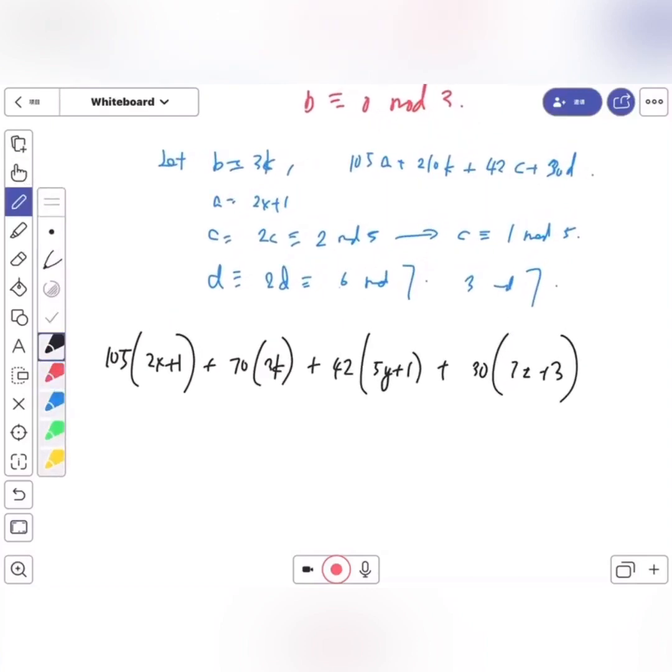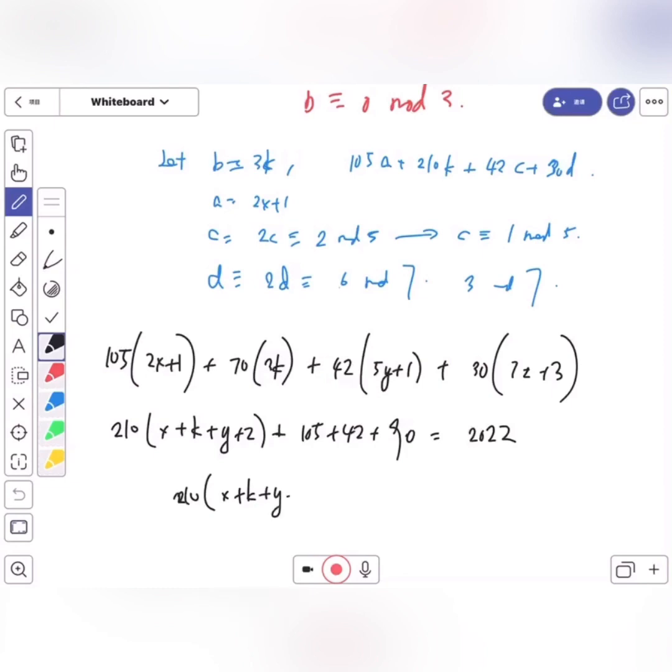So this is actually 210 times (x plus k plus y plus z) plus 105 plus 42 plus 90, and that is equal to 2022. So we're going to get 210 times (x plus k plus y plus z) is equal to 2022 minus 105 minus 42 minus 90.